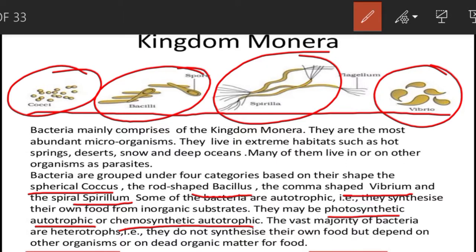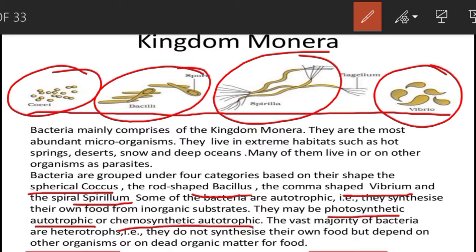These bacteria live in mutually beneficial associations with other organisms. Example, Rhizobium and Bacillus species form nodules in roots of leguminous plants. They obtain nutrition from the plant and in turn help the plant in nitrogen fixation.